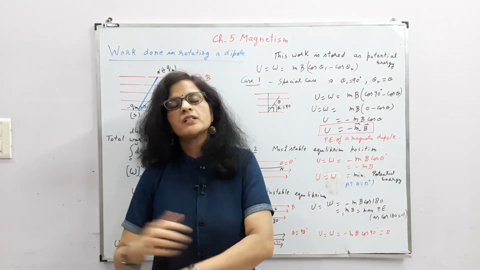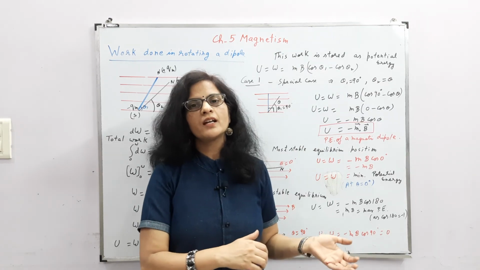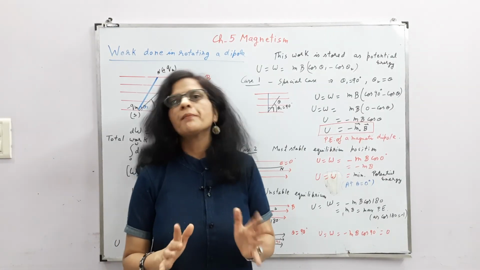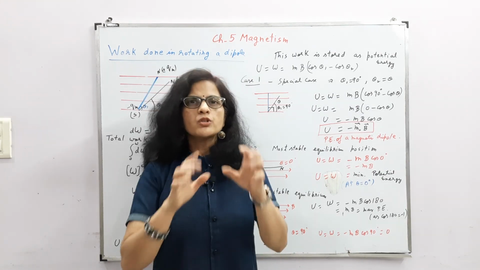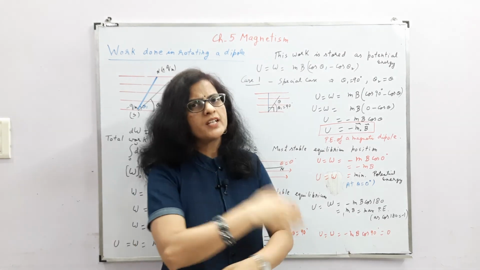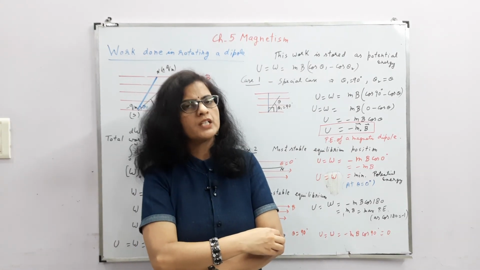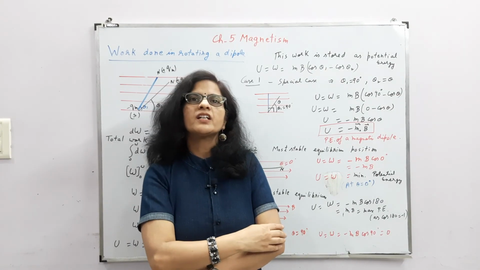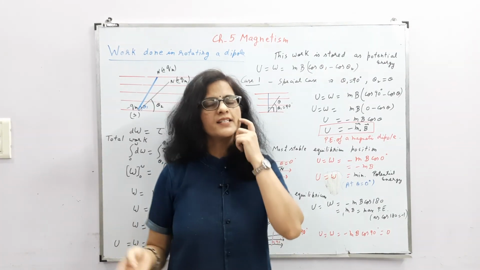And if that person tries to displace me and I don't get displaced, then that is the stable equilibrium position. So this is the difference between stable and unstable equilibrium. If you try to change something from its equilibrium position and it changes, then it is unstable, and if it does not change, then it is stable equilibrium.